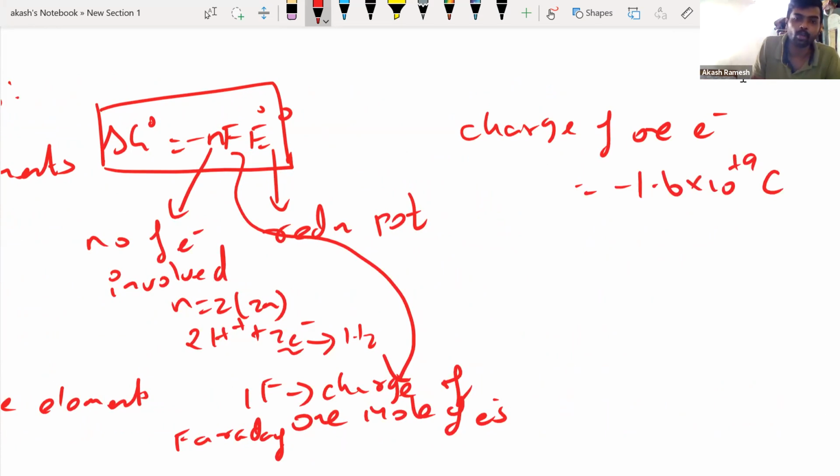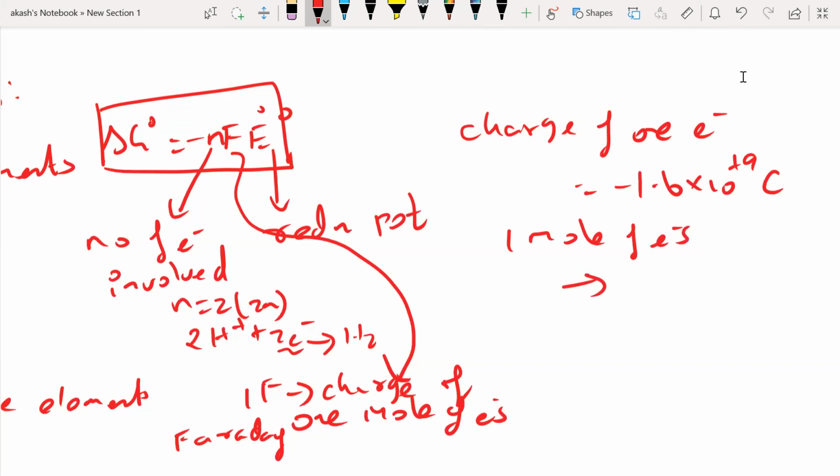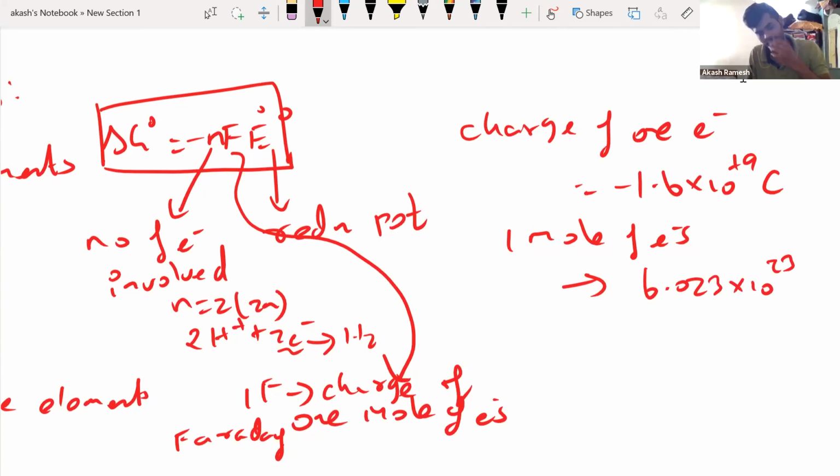Now in 1 mole of electrons, how many electrons will be there? 6.022 into 10 to the power 23. So in 1 mole of electrons, I will have this many electrons, and each electron has a charge of 1.6 into 10 to the minus 19 coulomb.